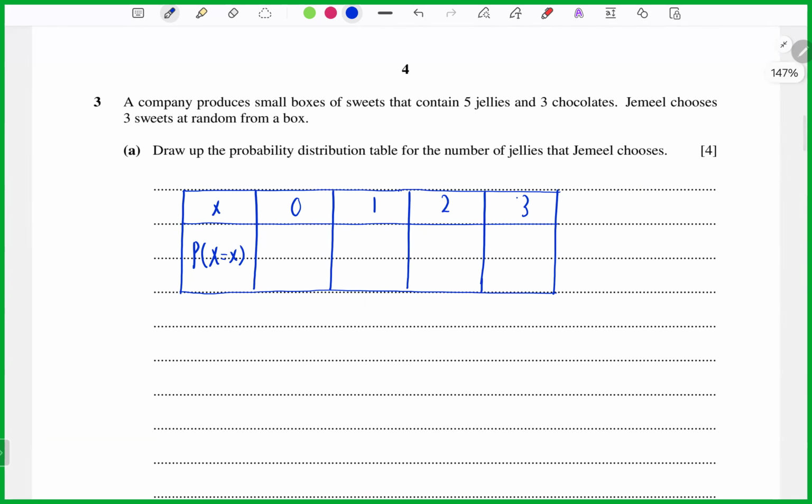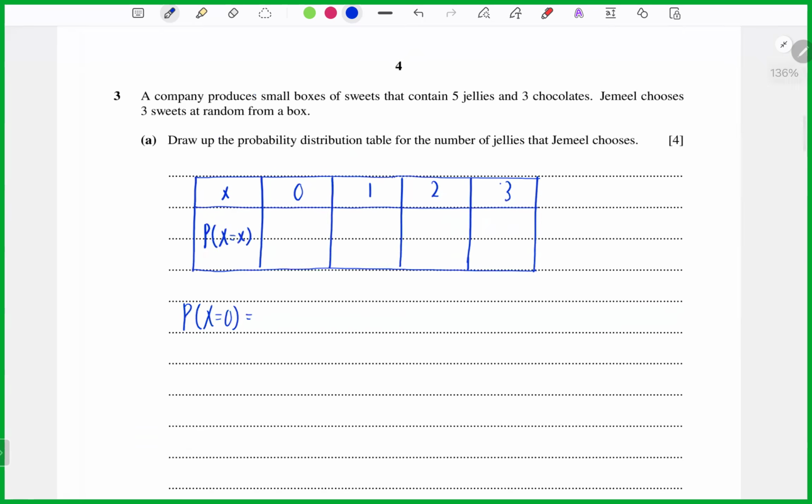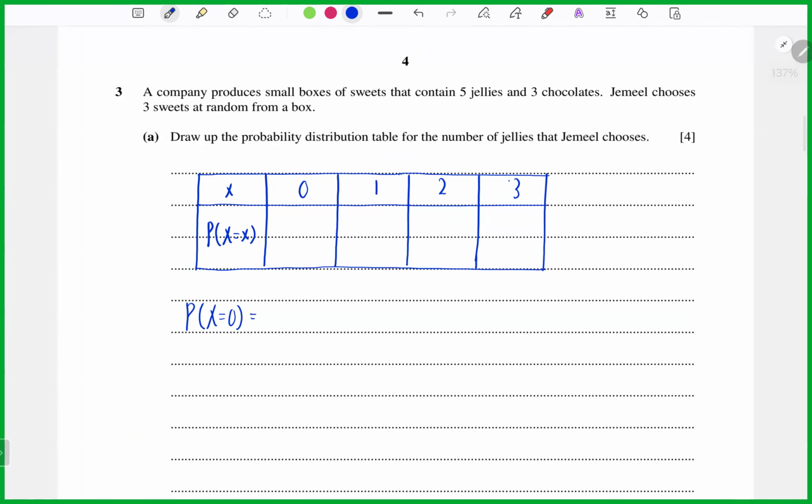Okay, so now I try to find the probability when x equals 0. 0 means she didn't choose any jelly, so you will take chocolates only. So you need to take 3 over 8 multiply 2 over 7 multiply 1 over 6. Why this way?